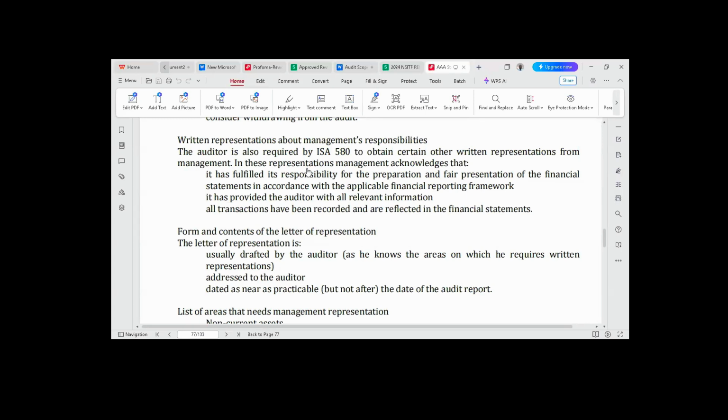So that in future, where there are issues, like litigation, the auditor can use that as a form of audit evidence, even though it is a weak form of audit evidence. It will show that the auditor did ask for this information, but it was not provided.